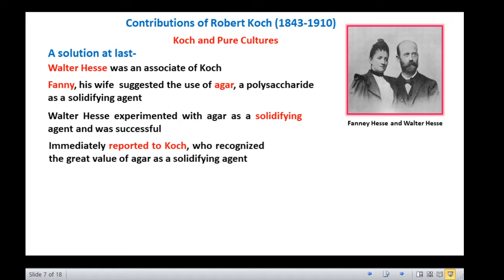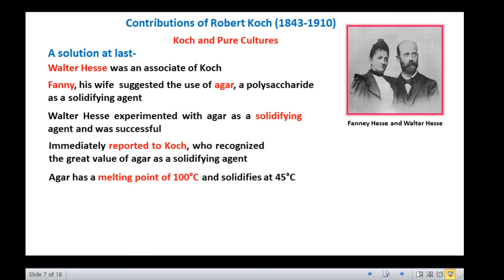Agar has many advantages and had the ability to overcome all the disadvantages of the previous solidifying agents. First, agar has a melting point of 100 degrees and solidifies at 45. Thus, it remains solid throughout the temperature range of bacteria.